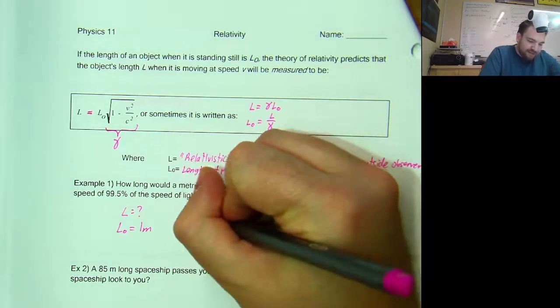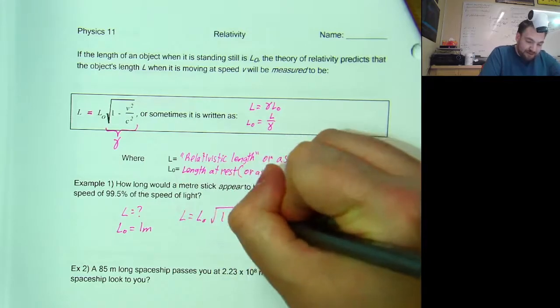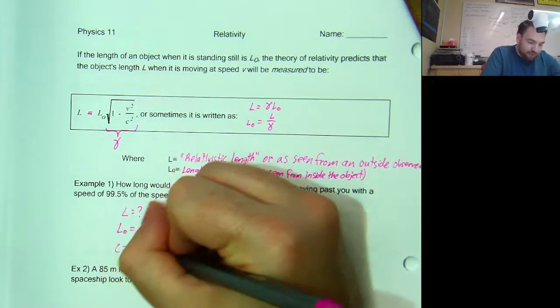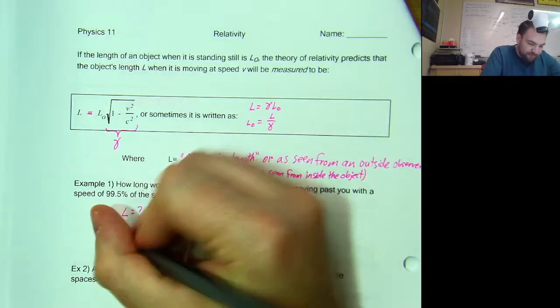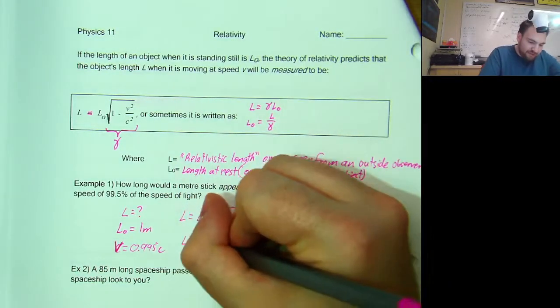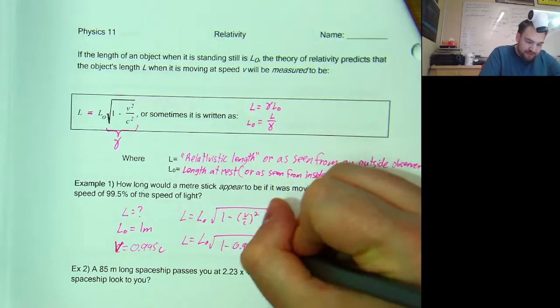Well, we know that L is equal to L naught times the square root of 1 minus V over C all squared. We know that V is 0.995 C. So we're going to get L is equal to L naught times the square root of 1 minus 0.995 squared.